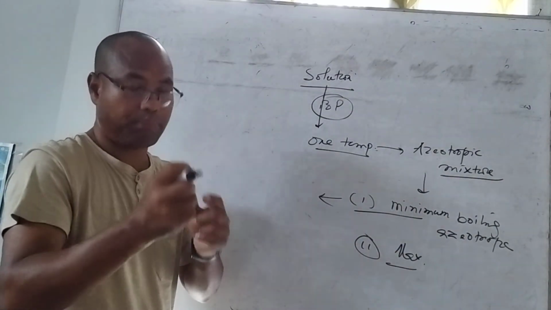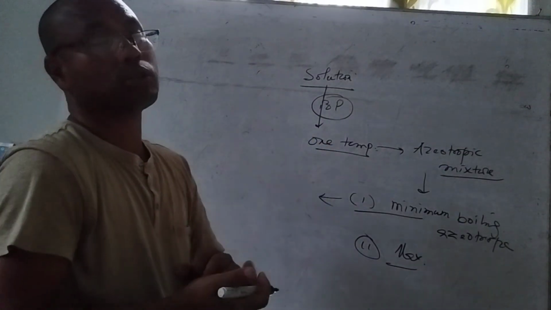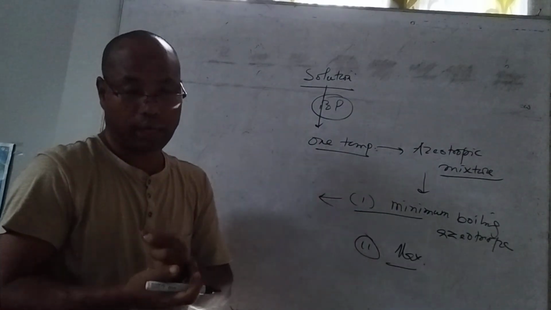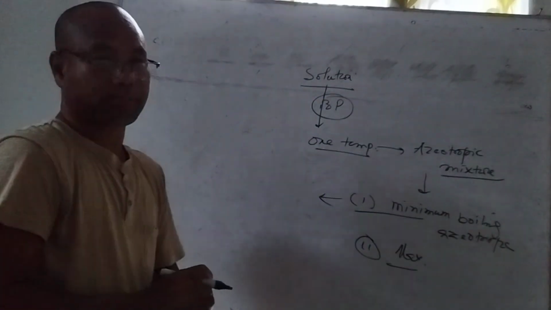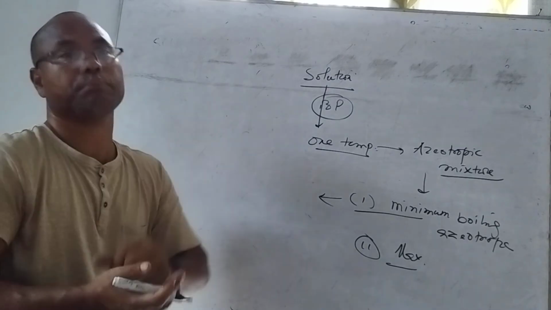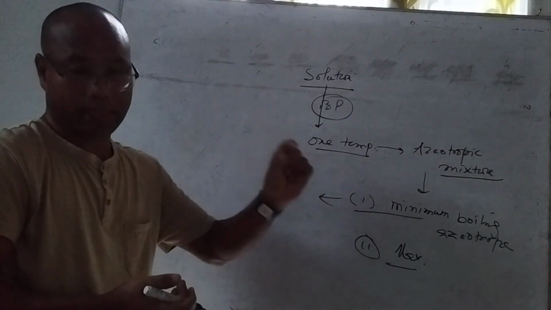I repeat: the type of mixture that shows the minimum boiling azeotrope is one where the vapor pressure of the solution is higher than the vapor pressure of the pure components present.